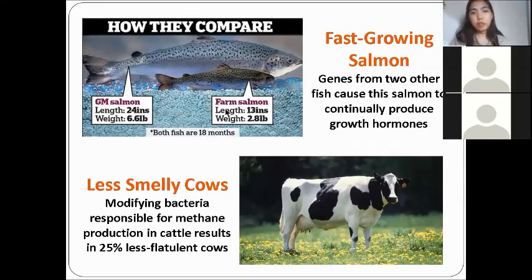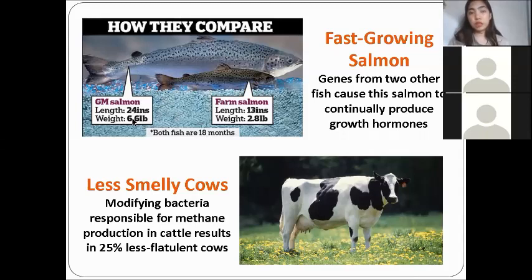The length of the farm salmon is 13 inches, while the genetically modified salmon is 24 inches. Both fish are 18 months, while the weights are 2.8 pounds and 6.6 pounds. So, the GM salmon is bigger. Why? Because they produce growth hormones. Compared to the normal one, it can grow to 24 inches.